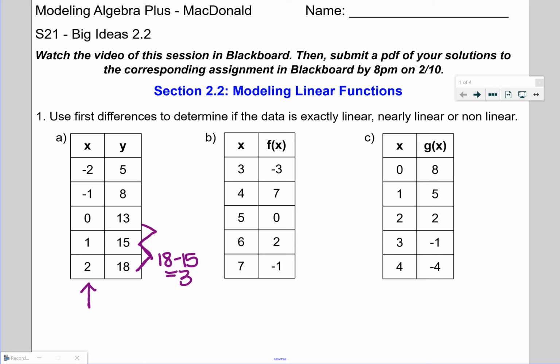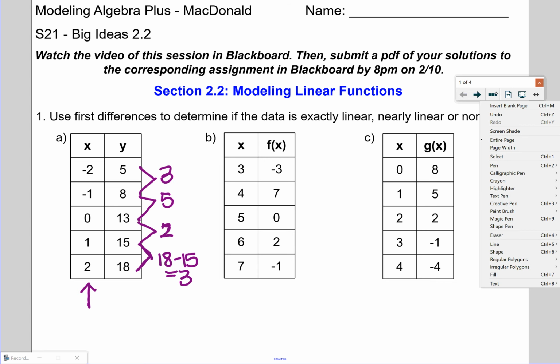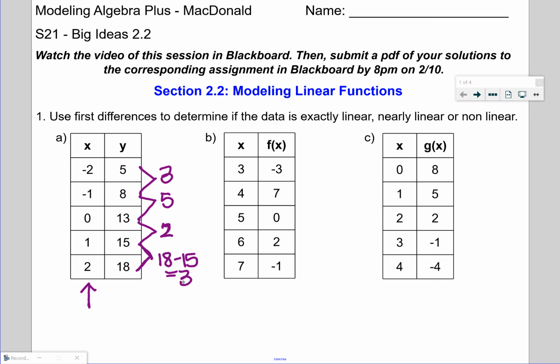Here we're going to do 15 minus 13, that would give us 2. 13 minus 8 would give me 5. And finally, 8 minus 5 would give me 3. So my set of first differences is 3, 2, 5, and 3.